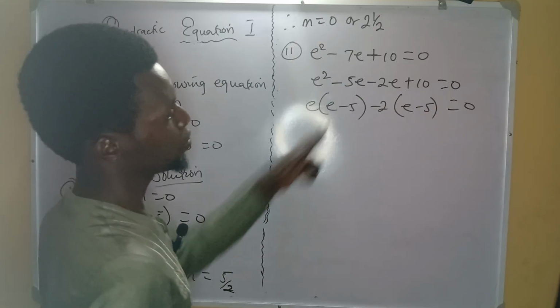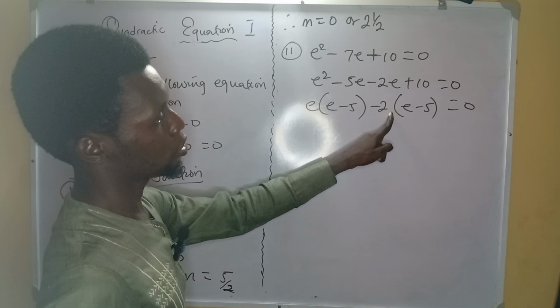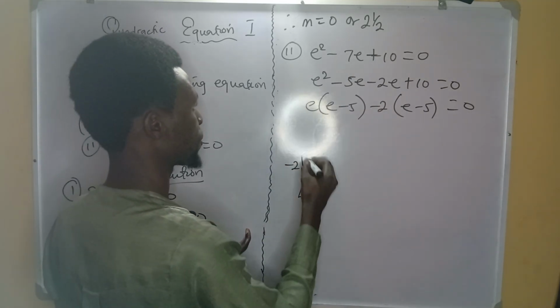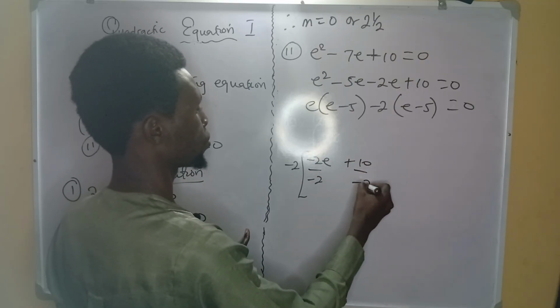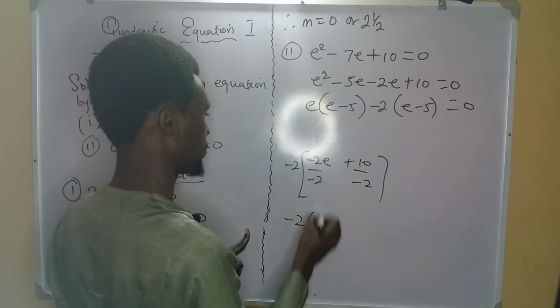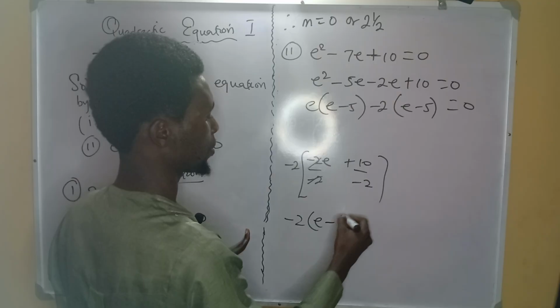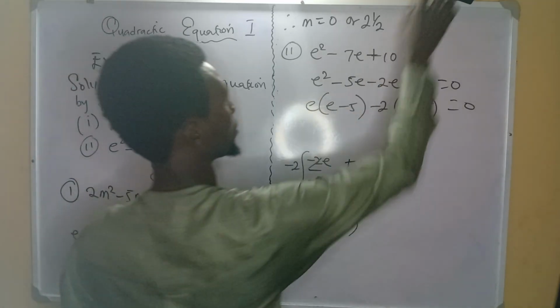If you factor out minus 2, you divide minus 2e by minus 2 and then plus 10 by minus 2, and that is how we got minus 5 here.